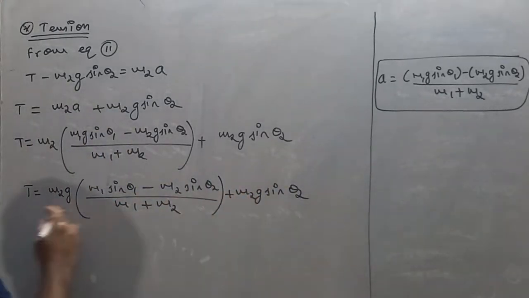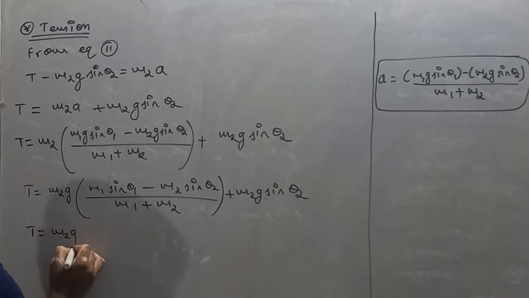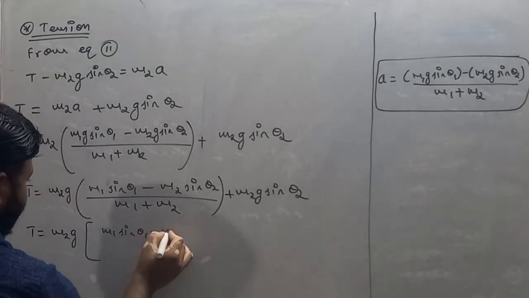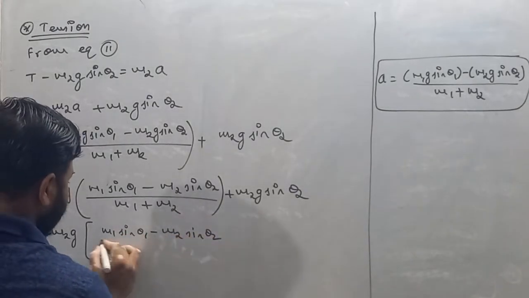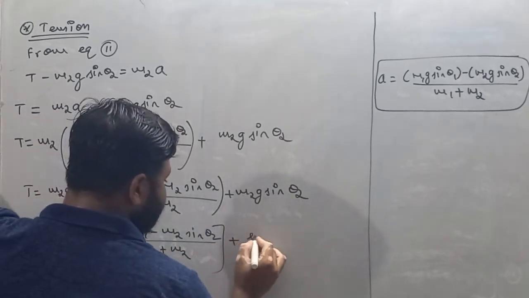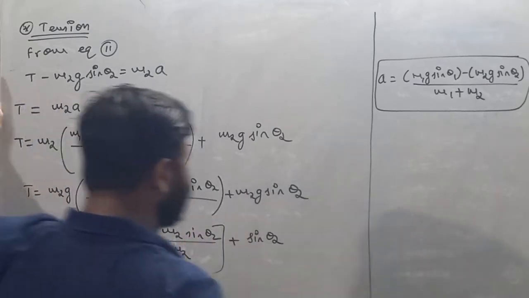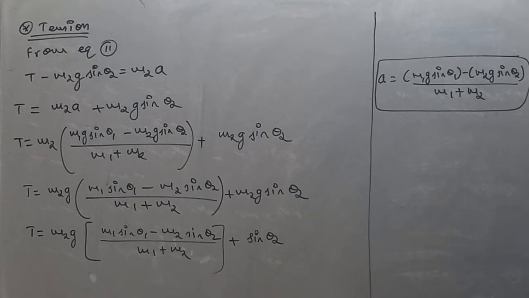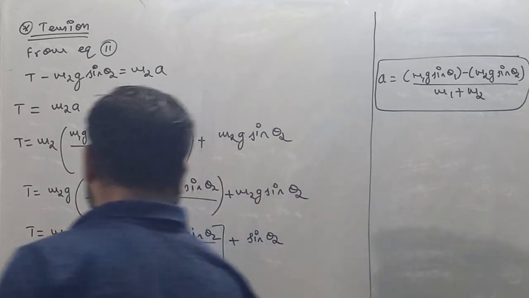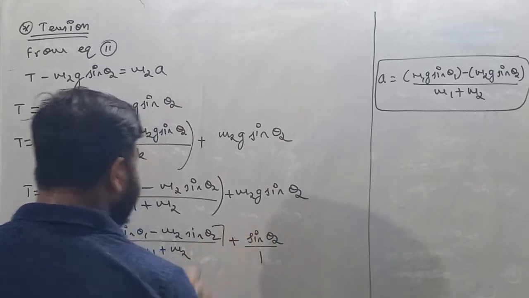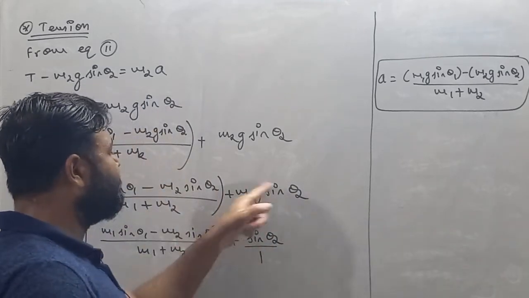Now take m2g common, so T becomes equal to m2g, I am taking common, so it is m1 sine theta 1 minus m2 sine theta 2 upon m1 plus m2, and plus sine theta 2. I hope you all understand. I am taking m2g common, my dear student. So it will be m1 sine theta 1 minus m2 sine theta 2 plus, see, my dear student, we have to take the LCM of this sine theta 2, because here we'll get common m2g sine theta 2.